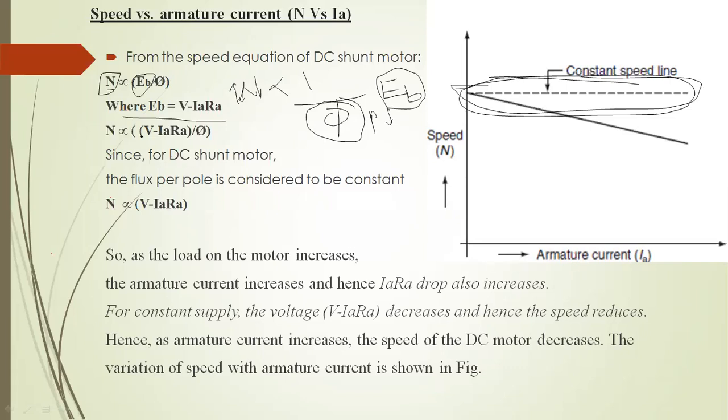Here we keep the voltage constant and the field current also constant. Since for the earlier characteristics of the DC shunt motor, the flux per pole is constant, here also we get the flux as constant. So the equation becomes N directly proportional to V minus IaRa.